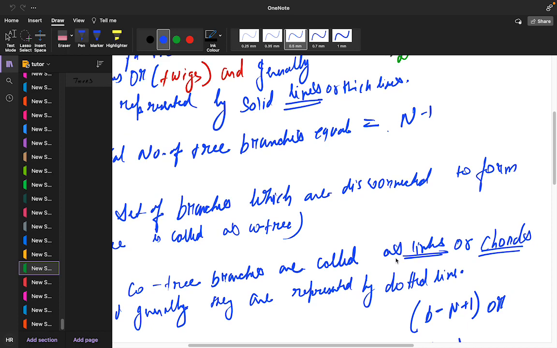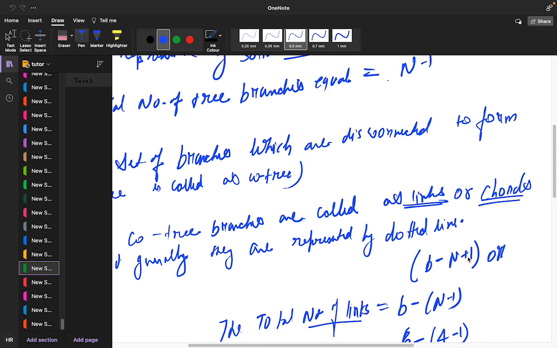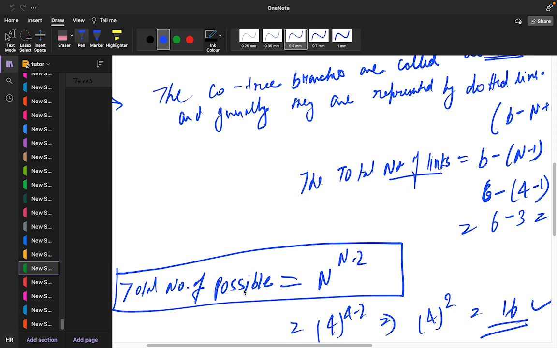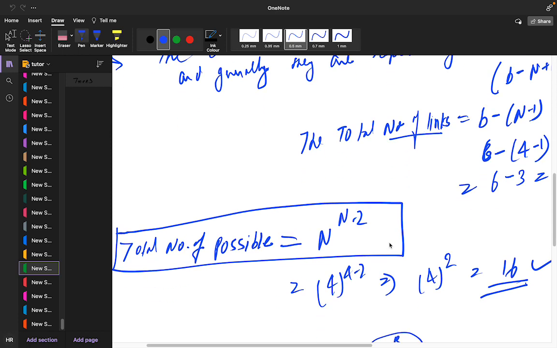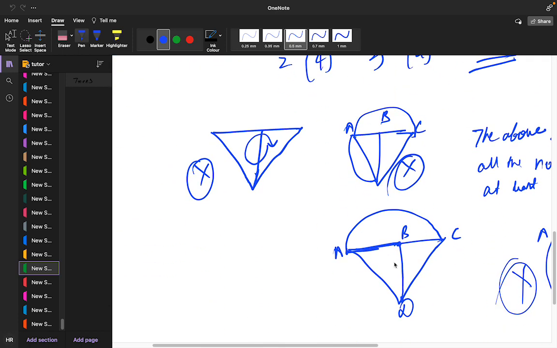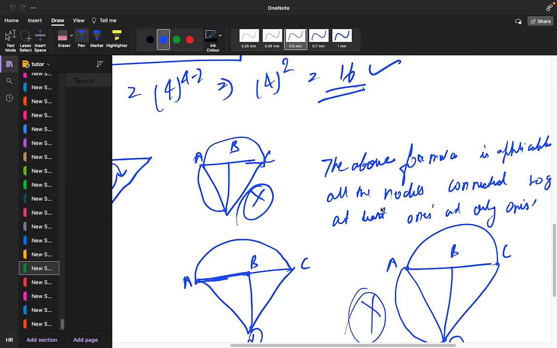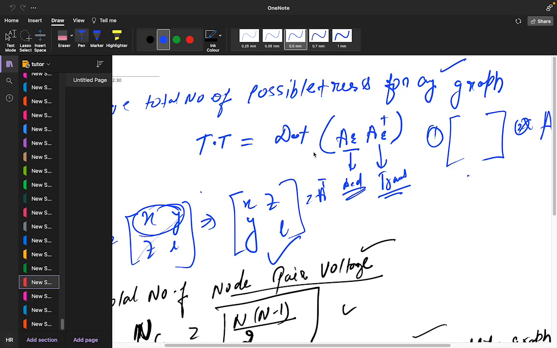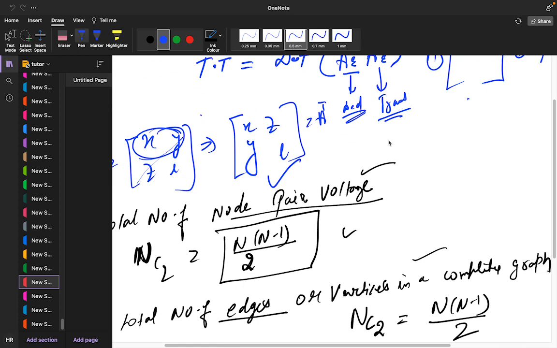And the total number of co-tree branches is b minus n plus 1, or you can say b minus (n minus 1). The total number of possible trees is n to the power n minus 2. But this is possible in this kind of situation, not in this kind of situation, because it is touching node D twice. And for any circuit, if you want to find the total number of trees, you have to use this formula: determinant of the reduced incident matrix times the reduced incident matrix transpose.